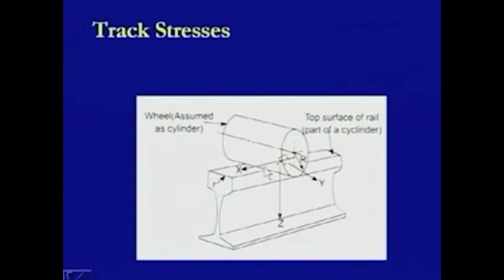We have also talked about the lateral forces induced in the lateral direction, in this direction, because of the sway and the oscillation of this wheel. And we have also seen the vertical loads transferred in the z direction, which are basically the dead loads.